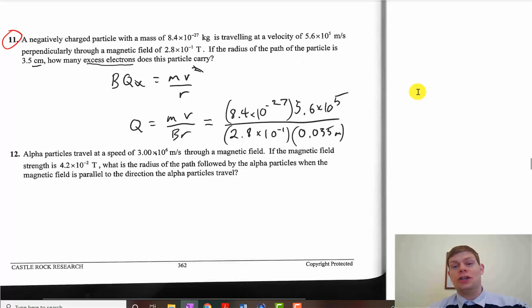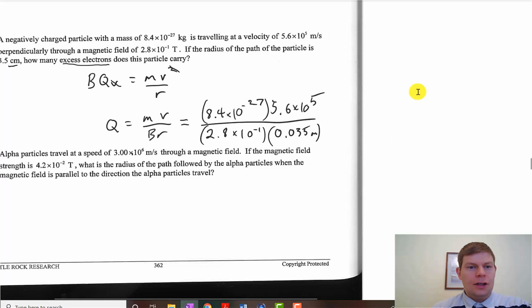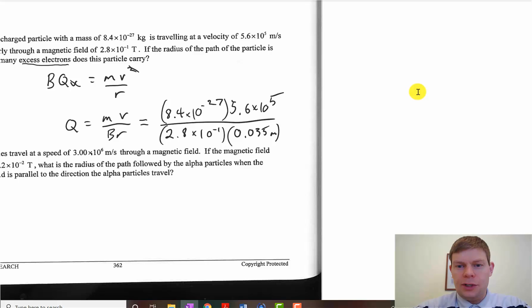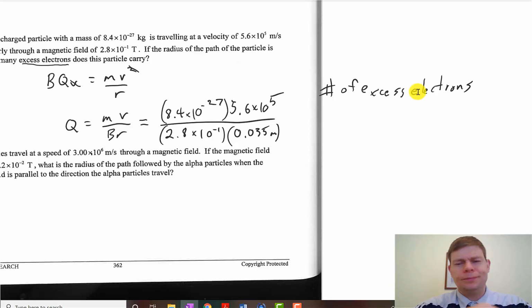Plug all that in, and you will get a charge in coulombs. We don't want a charge in coulombs. We want the number of excess electrons, so we divide by the elementary charge. By the way, because this doesn't take into account which way the electrons were deflected, Q will always be positive here, just because of how we have it set up.